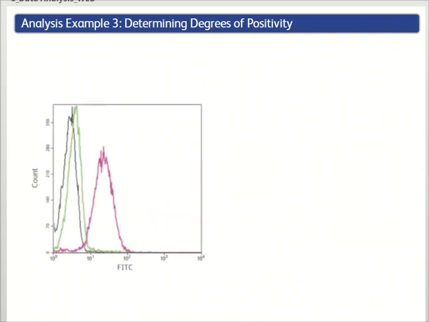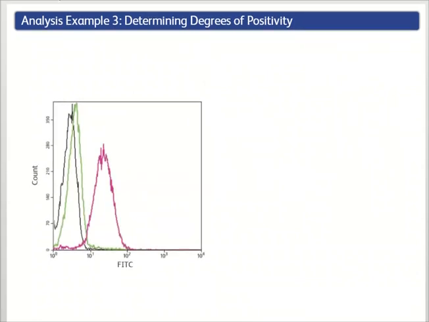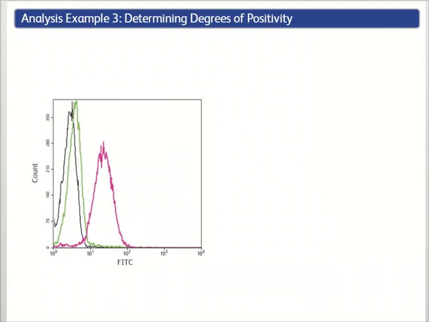The analysis methods illustrated so far show percentage estimates of populations based on their staining for specific markers. To compare fluorescence intensities and measure the degree of positivity, compare the geometric means or medians of the control data versus the test sample data. If the test sample data statistic is greater than that of the control data by a limit set by the user, it would be considered positive.